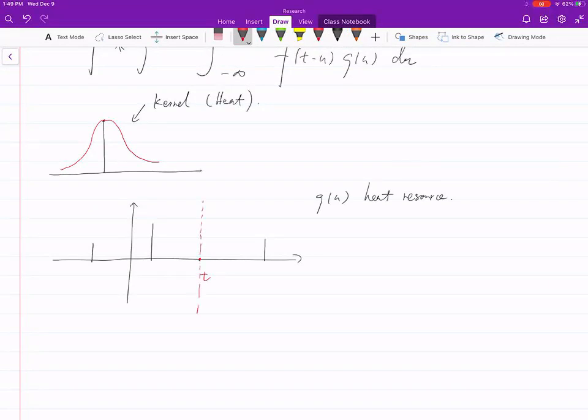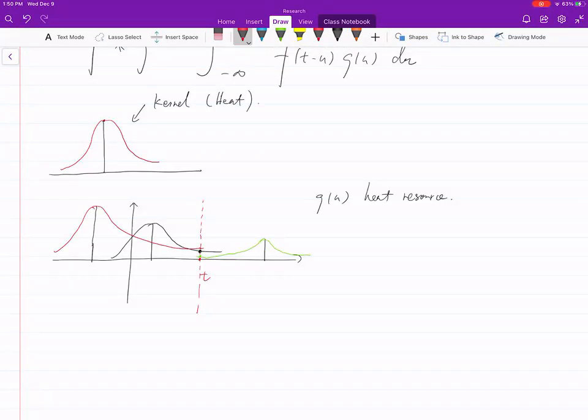What do you do? This heat source contributes this much because you are that far away. Sounds good? This heat source contributes this much. This heat source contributes this much. So at different locations, you contribute with different decay.